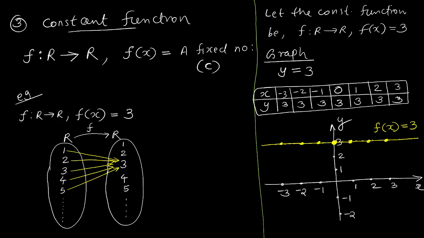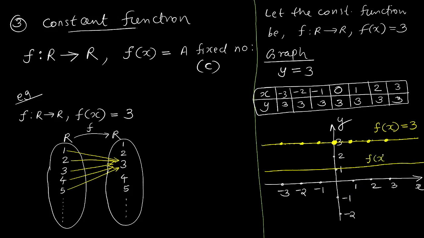So in this way we can draw the graph of f of x equal to 2, f of x equal to 1, etc. So without drawing the table, it is very simple. If you want to draw the graph of f of x equal to 2, the same approach. If you want the graph of f of x equal to 1, you just draw a horizontal line passing through 1.